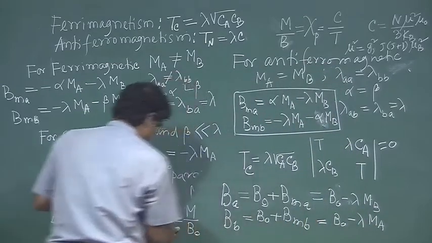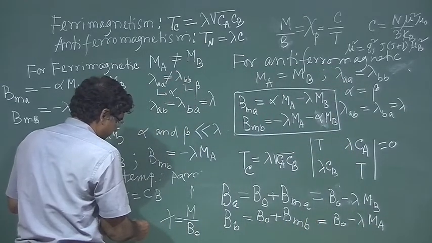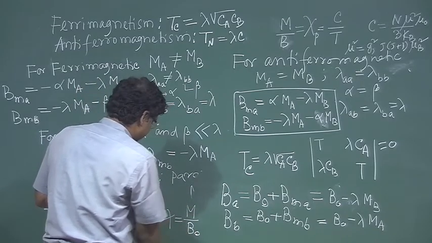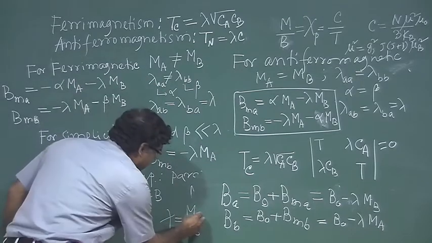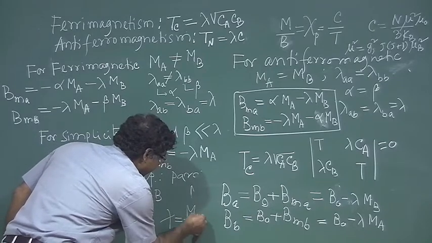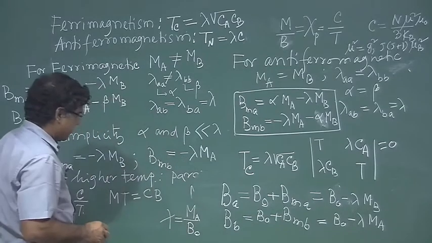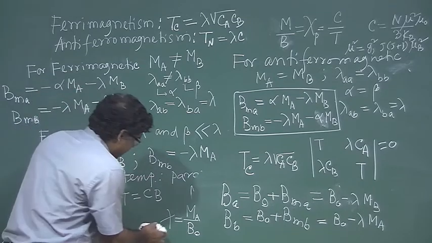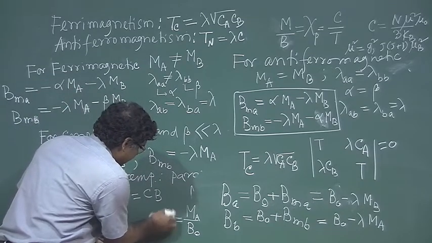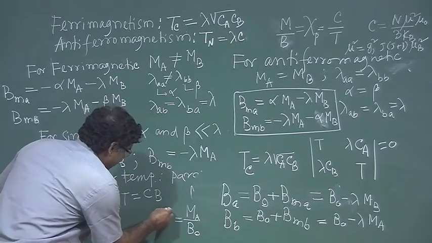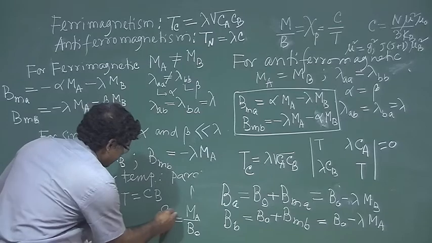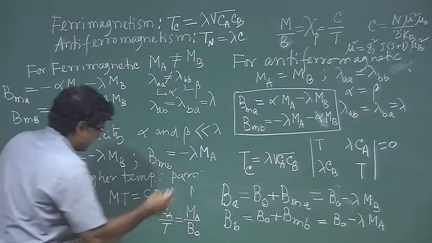I can write chi equal to M by B. In the case of M_A, this chi_A, I can write C by T, because it is in paramagnetic phase, you know.